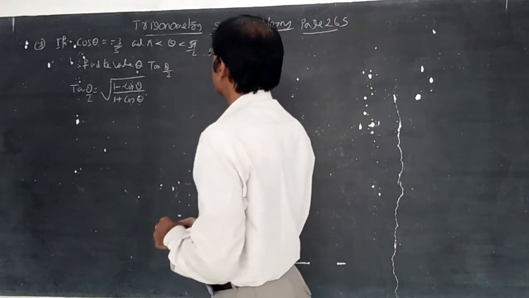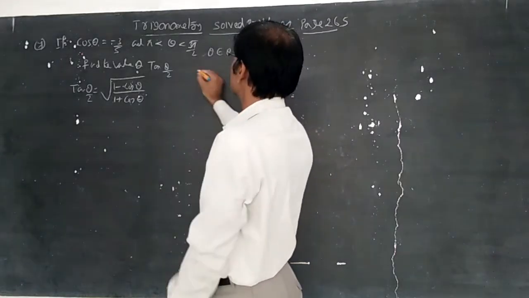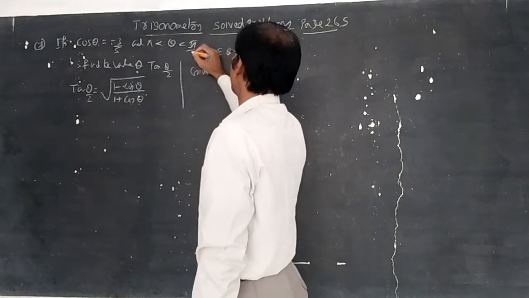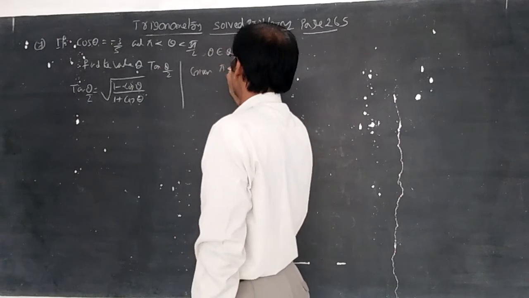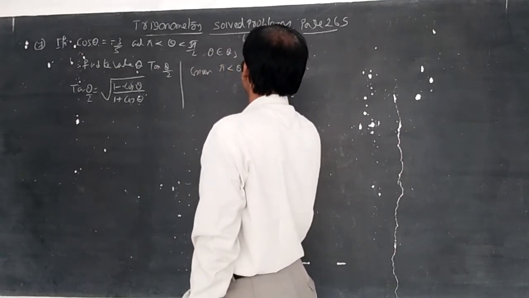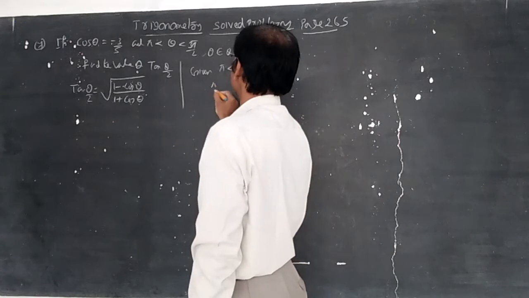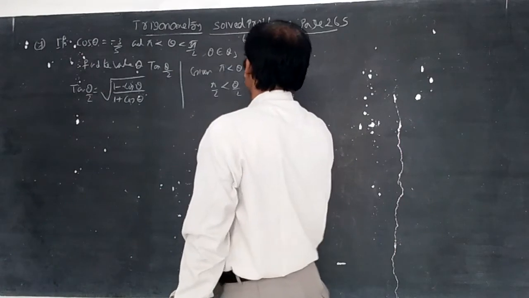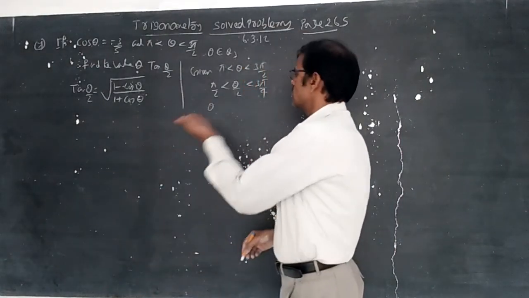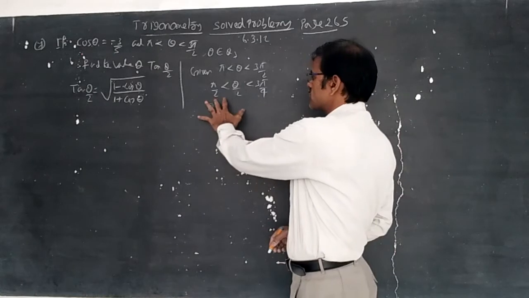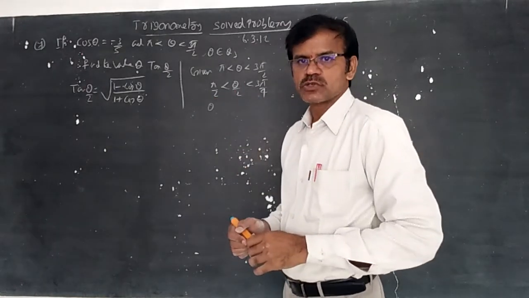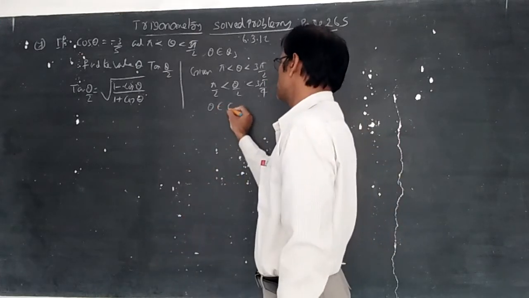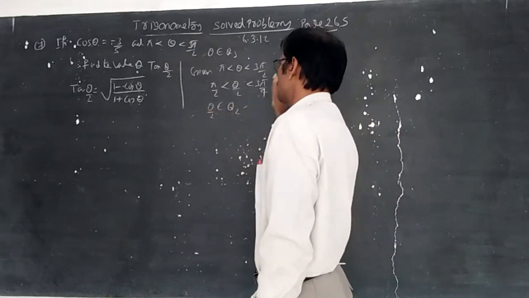Now dividing by 2, pi by 2 less than theta by 2 less than 3 pi by 4. Pi by 2 means 90, 3 pi by 4 means 135. So theta by 2 should lie between 90 and 135. So you can understand that theta by 2 belongs to Q2.